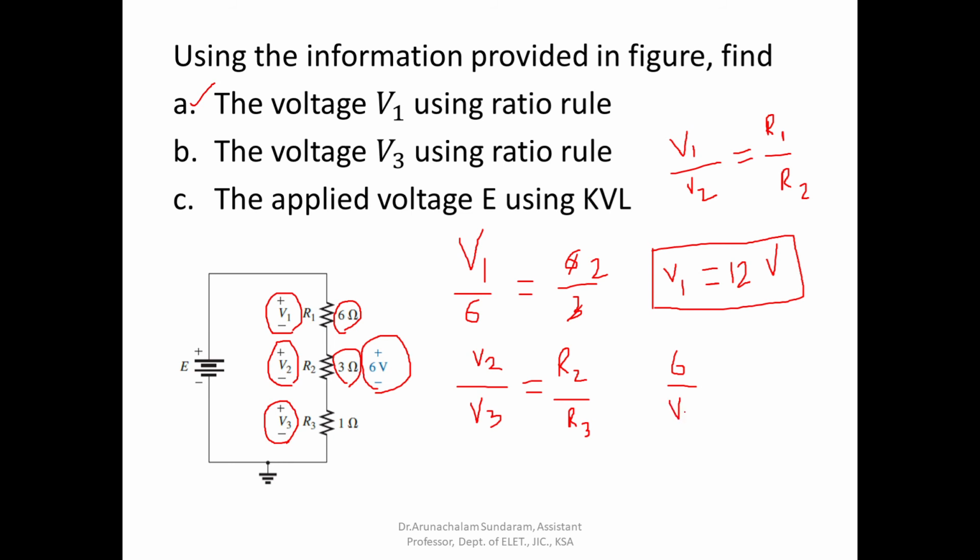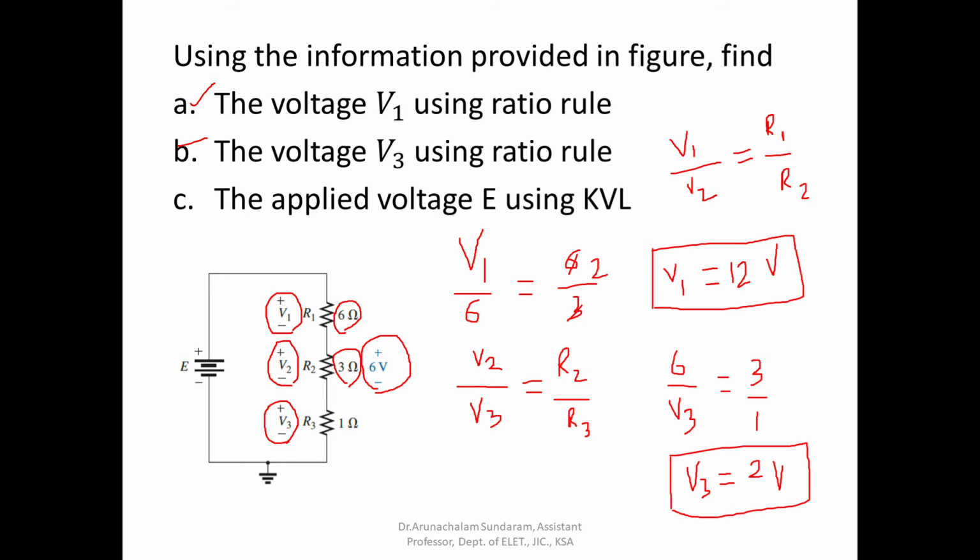So 6 by V3 is equal to R2 by R3. R2 is 3 and R3 is 1. So what is V3? Bring this 3 down, take V3 to the other side, and you will get V3 is 2 volts. So now we have solved the problem. We have found V3.